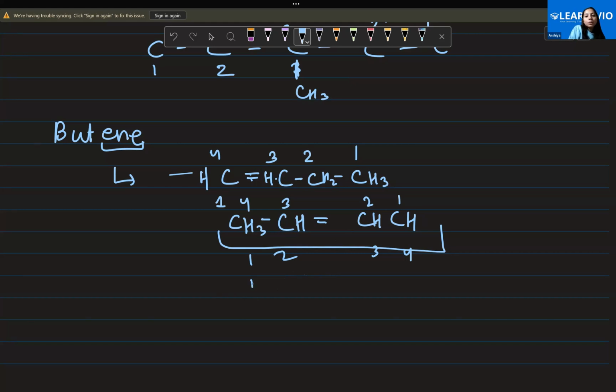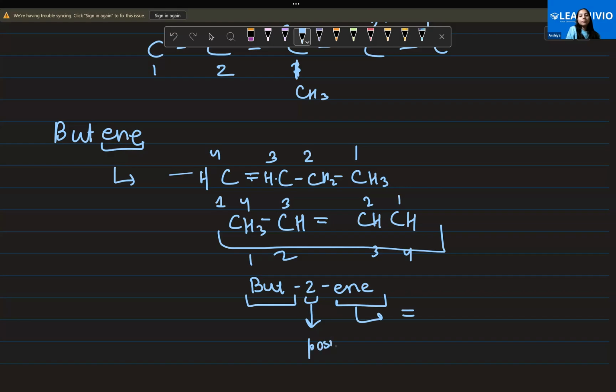So what I'm going to do is, I'll write it as but-2-ene. It's a butane. On the second carbon, we have got a double bond. Ene means double bond. Second is the position, and but is the number of carbons, which is 4.